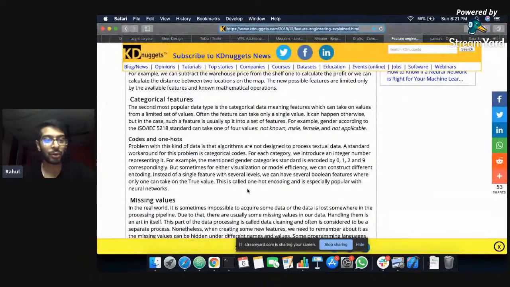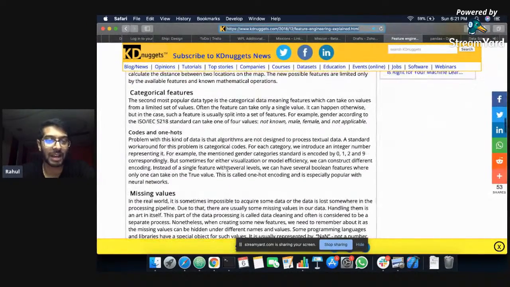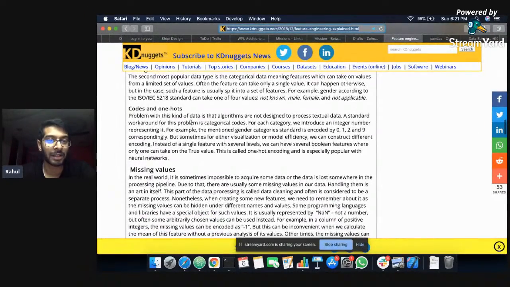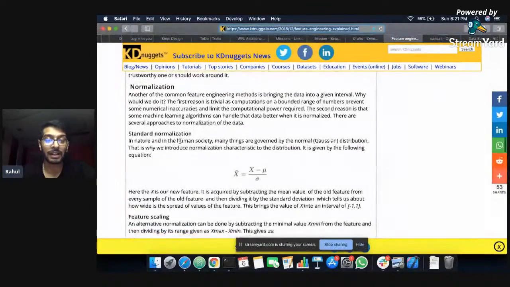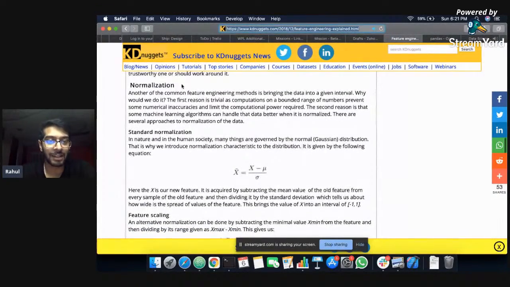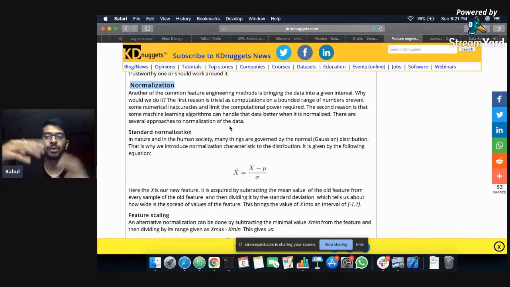Just to go through a few things, we already spoke about categorical features, one-hot encoding, and missing values. Another very important thing is normalization. Now, what is normalization? Normalization is basically trying to scale your values in a particular column between two particular intervals. Let's say you have values ranging from 0 to 1 lakh.